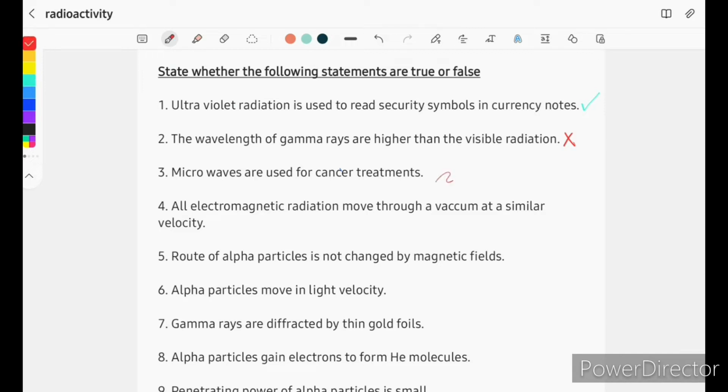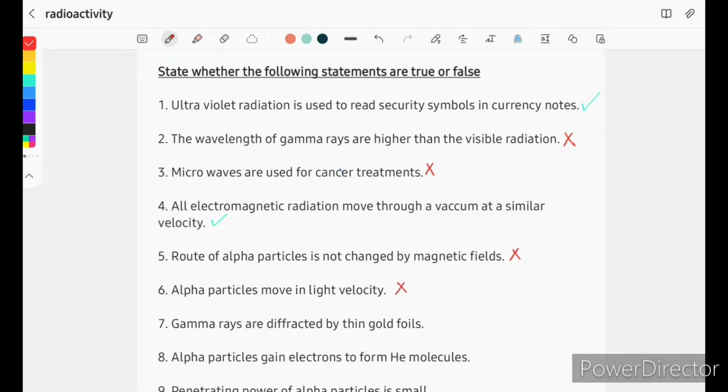This statement is false. The fourth one, all electromagnetic radiation moves through a vacuum at a similar velocity. This statement is true. Fifth statement, route of alpha particles is not changed by magnetic fields. It is false. Sixth statement, alpha particles move in light velocity.